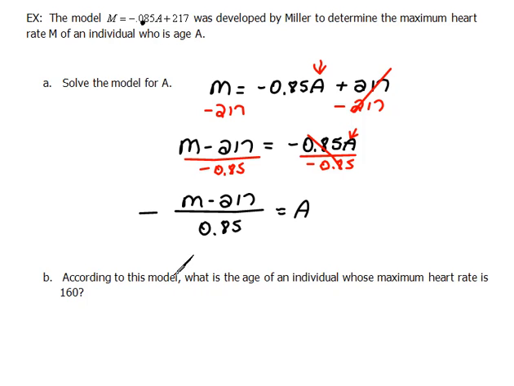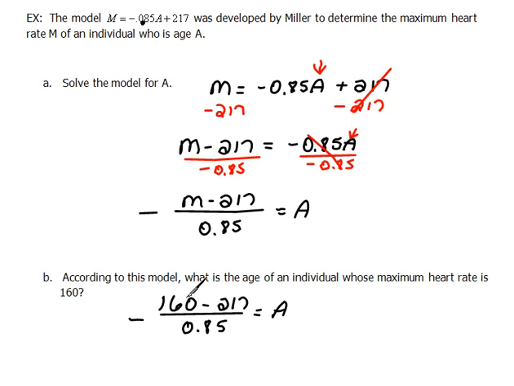Now it says, according to this model, what is the age of an individual whose maximum heart rate is 160? Now that we have the formula, we can just plug that in. So that would be negative 160 minus 217 over 0.85 would equal their age.